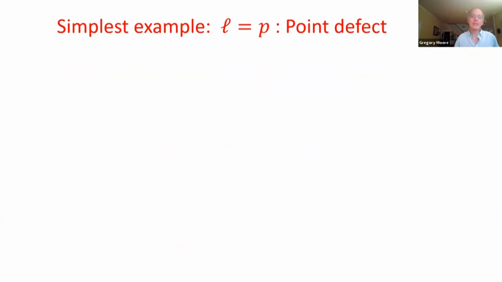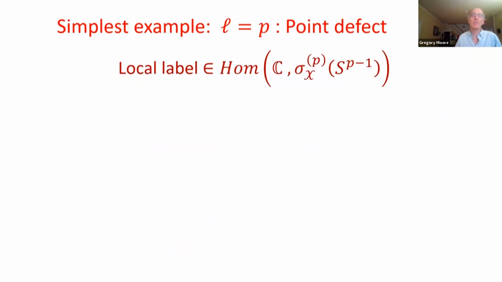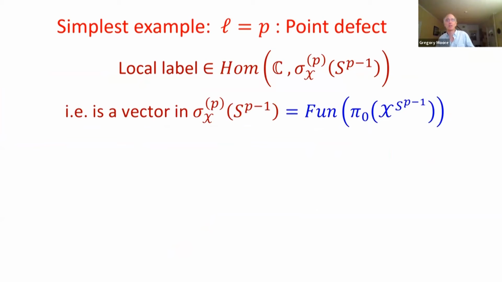Again, let's try to do a sanity check with the point defect. So the codimension is all of the space-time dimension. We're talking about a point defect. The local label, as we discussed, should be an element of the Hom from C to the state space, which is a vector in the state space.